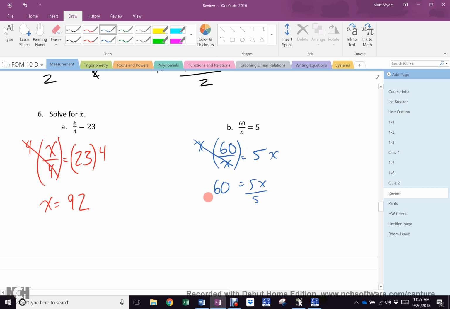Now I got to divide. 12 equals x. And all of you should have noticed the double shortcut. When the x is in the numerator, I can multiply times. When the x is in the denominator, I need to divide. And there's a little shortcut that will help you immeasurably in the next unit.